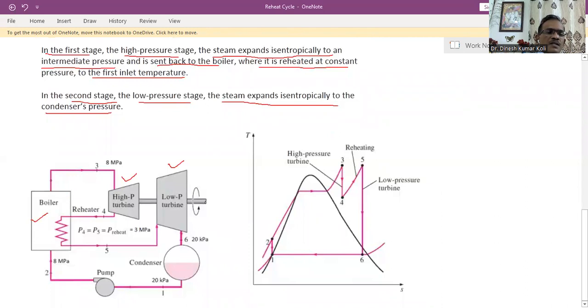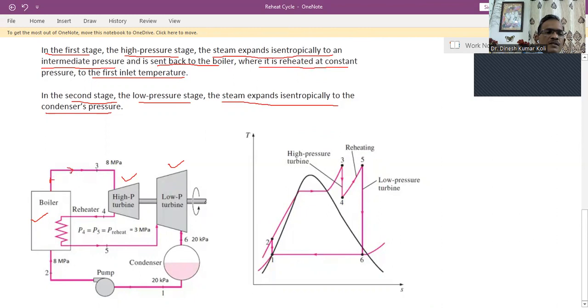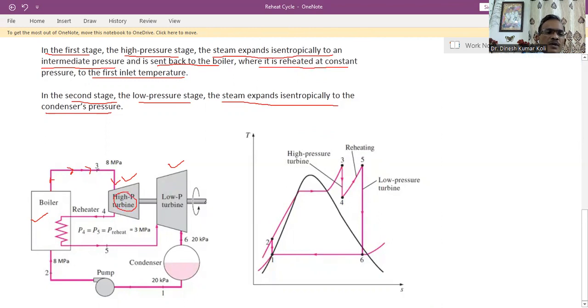This steam is first sent to the high pressure turbine, where isentropic expansion takes place from point 3 to point 4. At point 3, the steam enters the high pressure turbine.